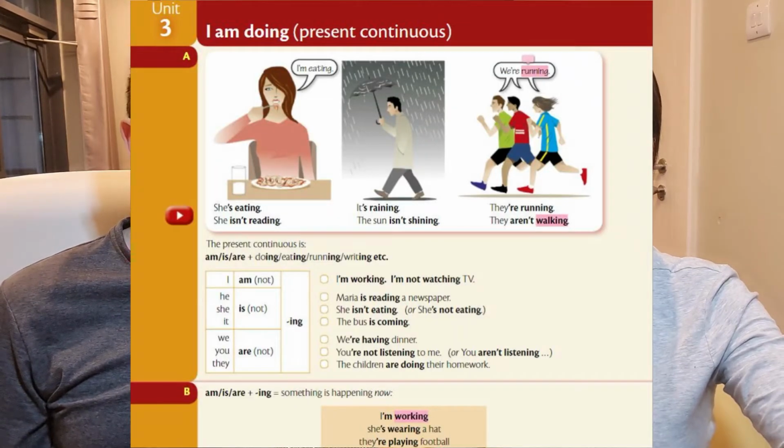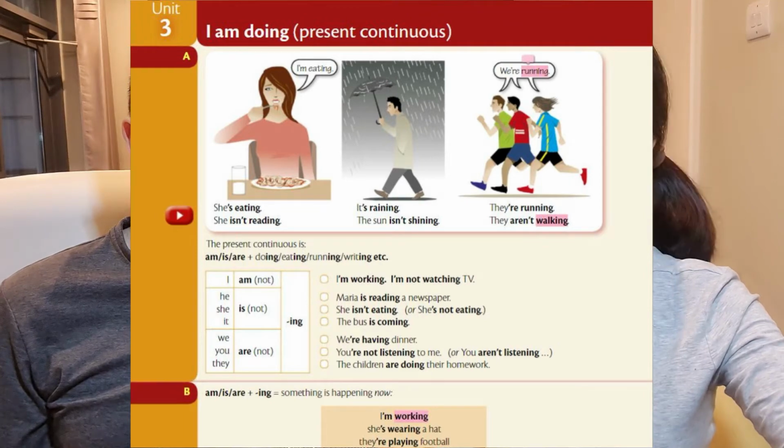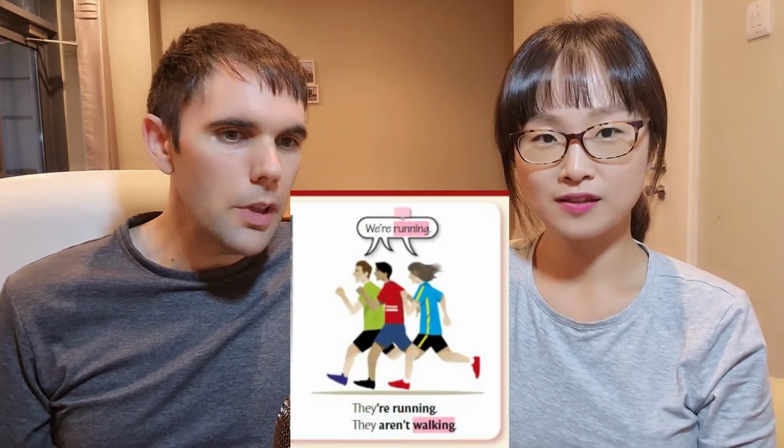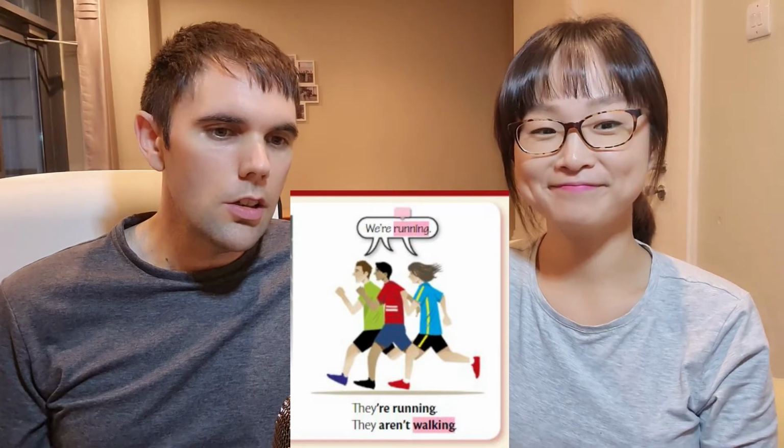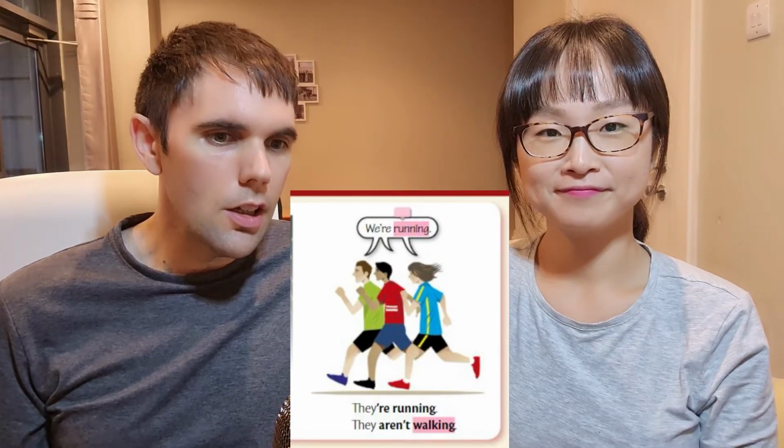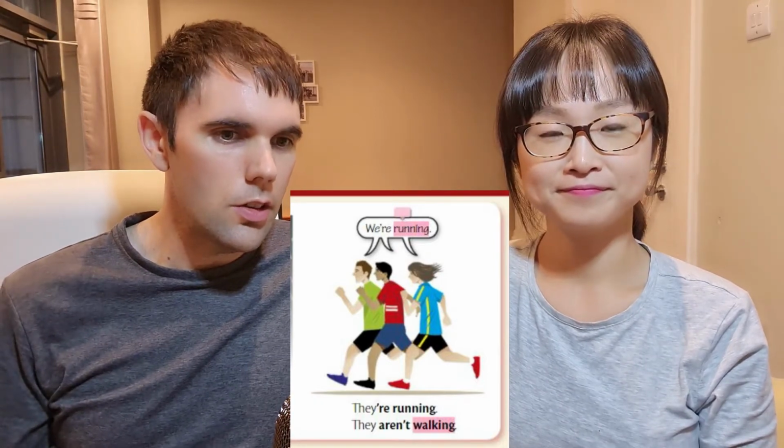So the next one, we can also see there are two words here. They aren't walking. I'm working. With the sentence "they aren't walking", it shows a picture of three people running. So obviously walking and running, you're maybe not as fast as running. You're walking, you're stepping.